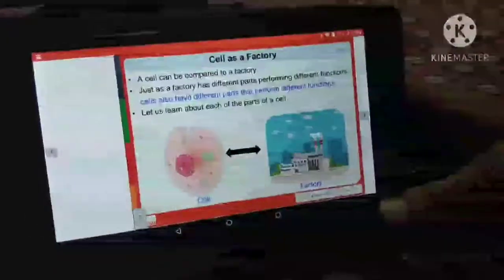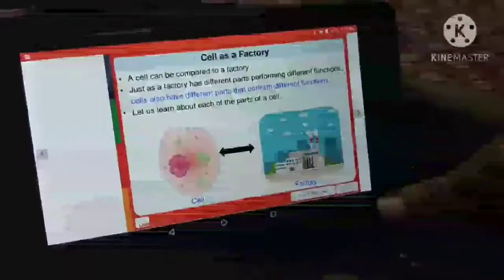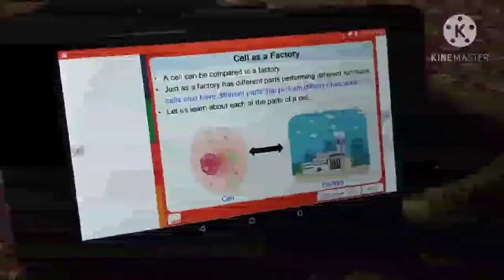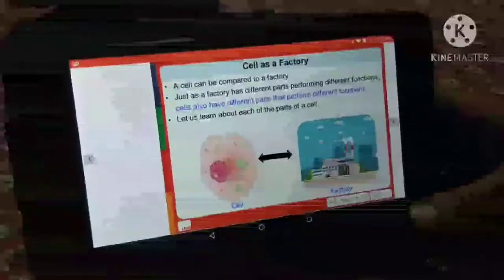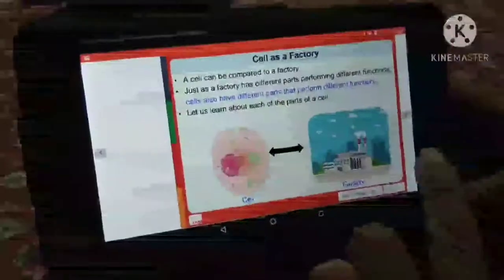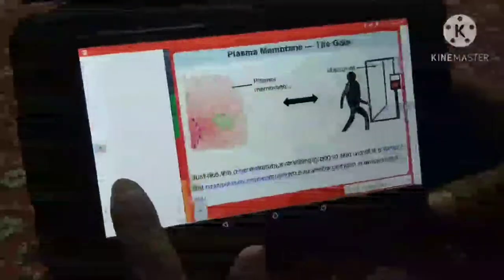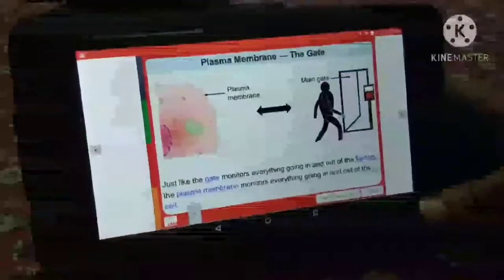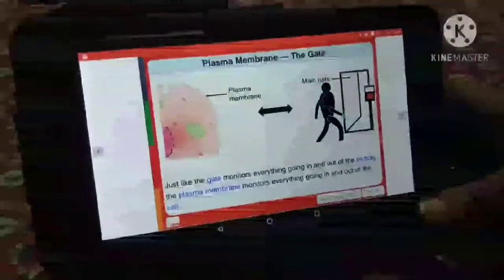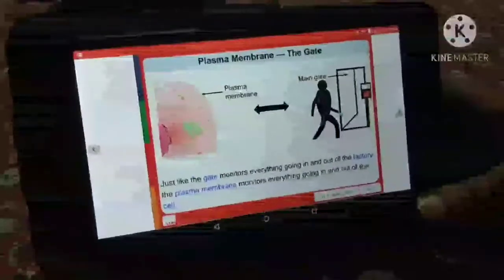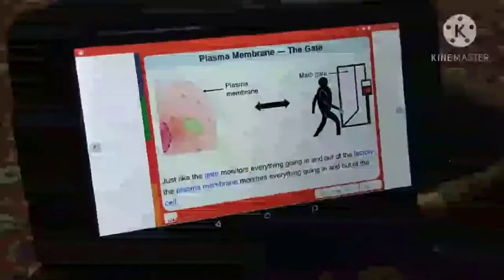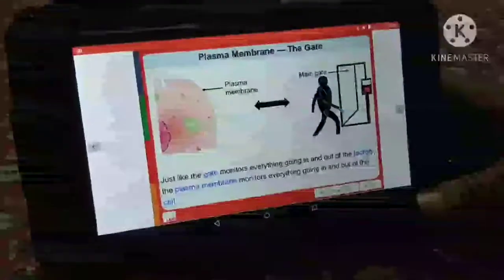A cell can be compared to a factory. Just as a factory has different parts performing different functions, cells also have different parts that perform different functions. Let us learn about each of the parts of a cell. Just like the gate monitors everything going in and out of the factory, the plasma membrane monitors everything going in and out of the cell.